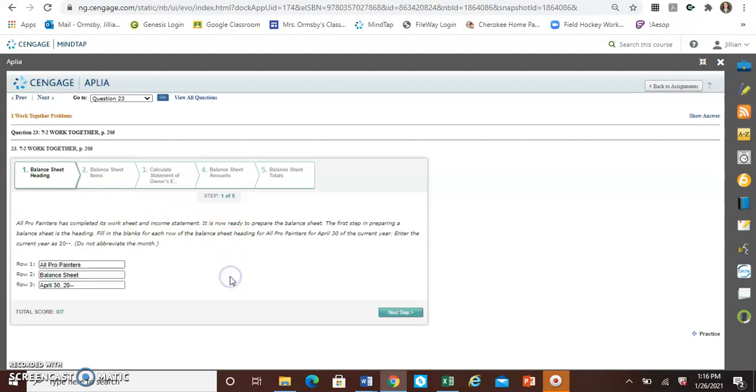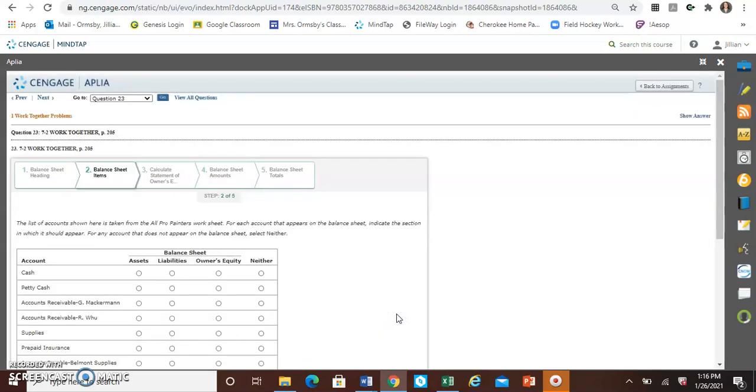It's important to remember that one of the biggest differences between the income statement and the balance sheet is that the income statement says for the month ended because it's gauging profit over a range of time, whereas the balance sheet shows how the company is doing on any given day. And so here we don't put the range for month ended, we put the specific date.